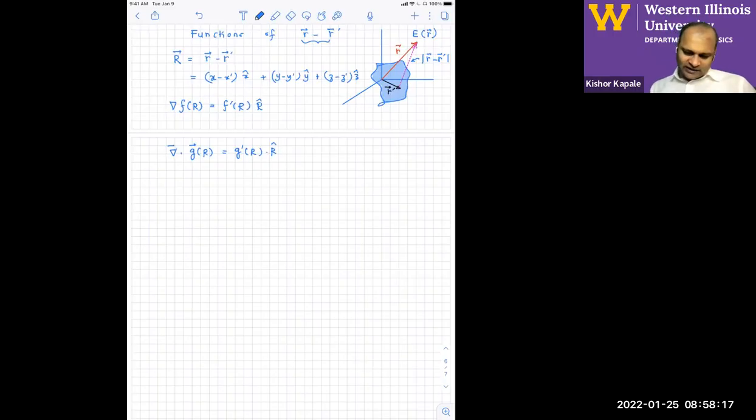So let's actually write some words so you see what is going on. Spatial derivative. And this whole quantity is the component of the spatial derivative in the radial direction.